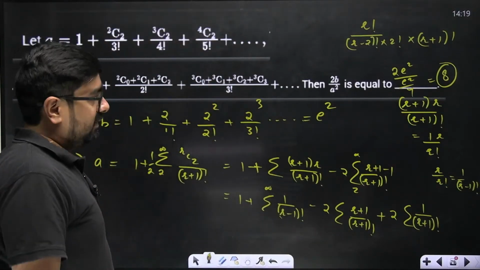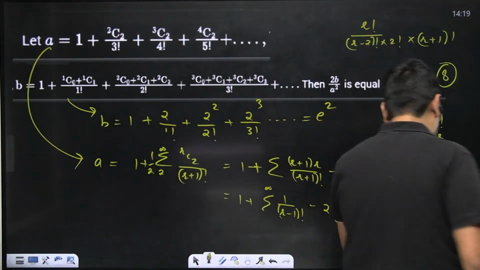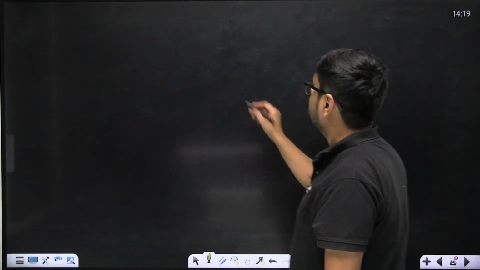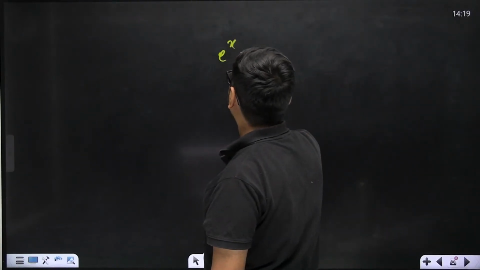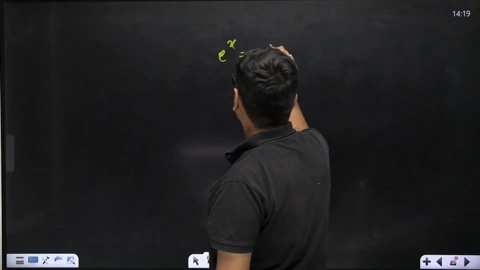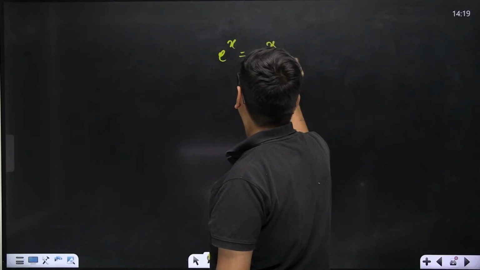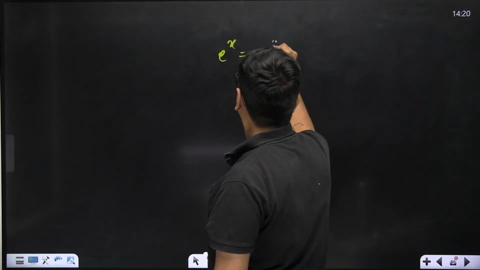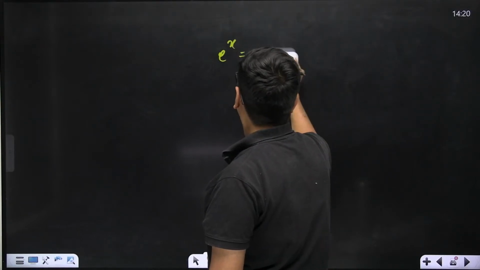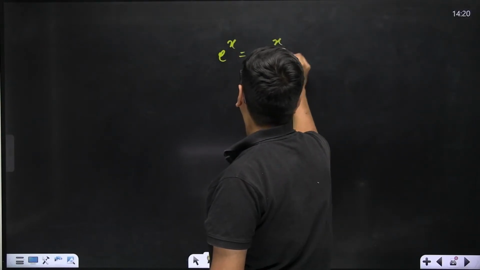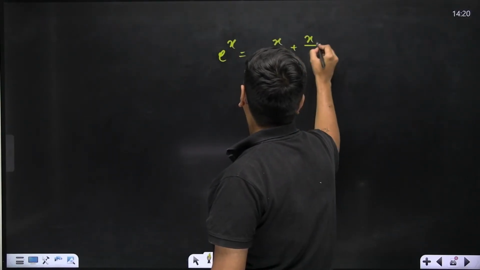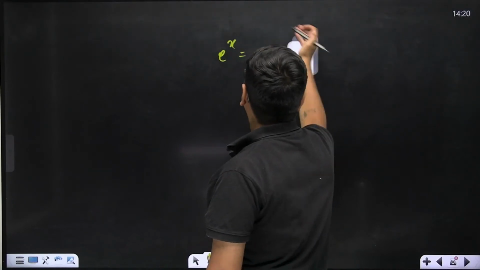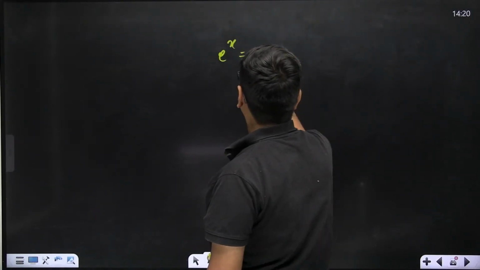So expansions, right? Many times in binomial theorem you will get to see the expansion of e to the power x. You start with 1 only.